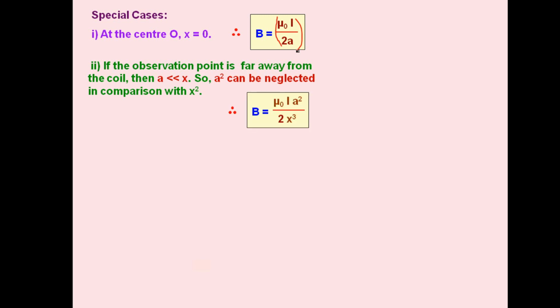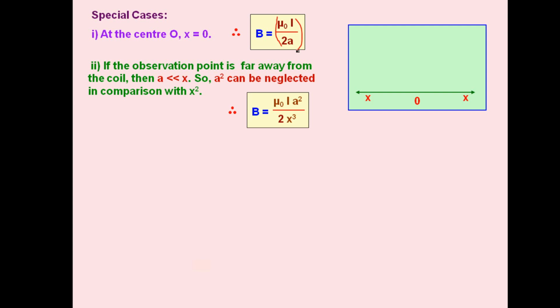So the formula will be mu naught I a square upon 2x cube. Taking the graph in this way, at the center O we have the maximum magnetic field. At the center origin, we have maximum magnetic field. If we go along the axis on the right side, it decreases. If we go along the left side, it also decreases.